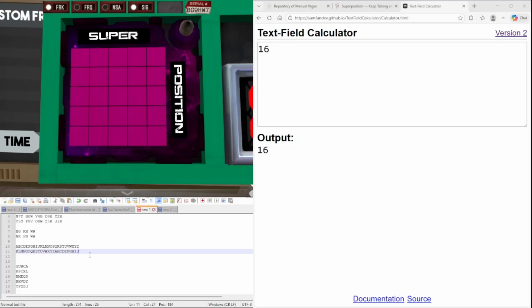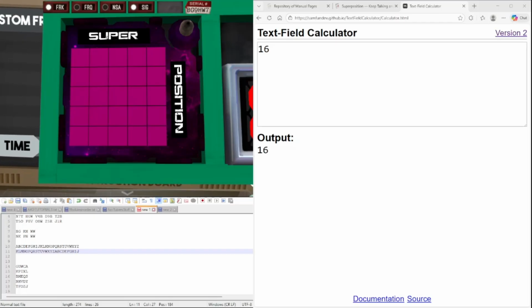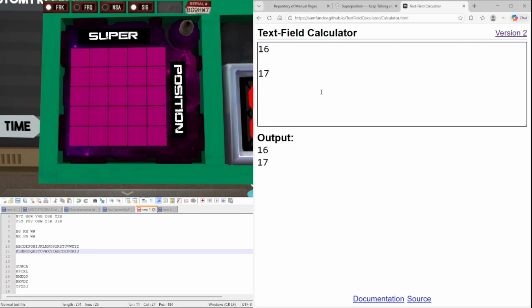That'll work. By 16, 17 by 16 is 1, yeah.